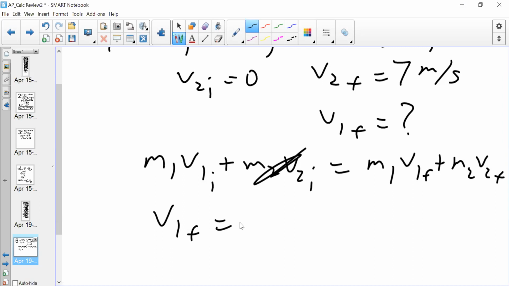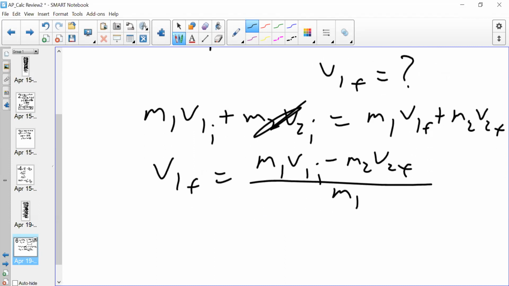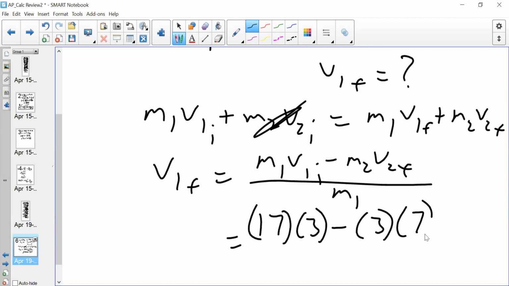V1 final will be minus, divided by M1. Right. So let's do 17 kilograms times 3, minus 3 times 7.